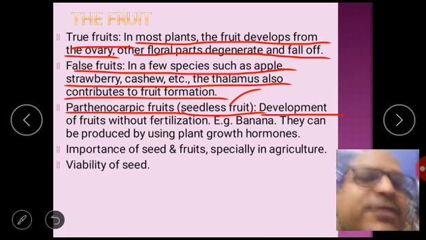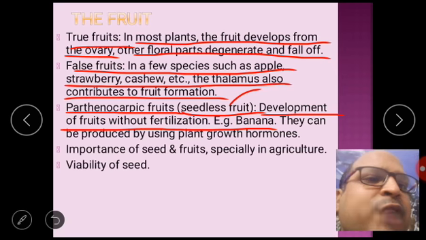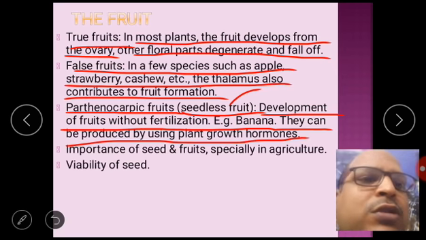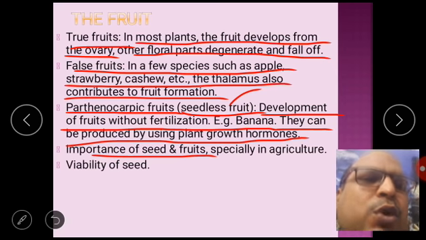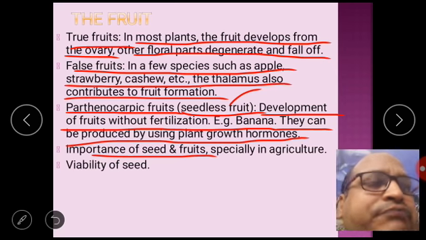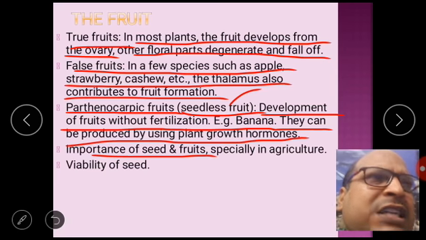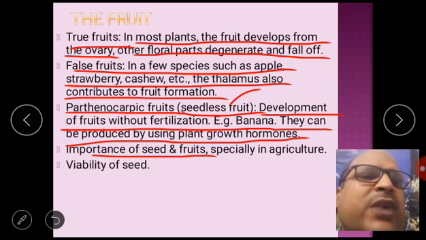Development of fruits without fertilization, for example, is banana. They can be produced by using plant growth hormones. Now, importance of seeds and fruits, this you all know, so I am not going into detail. But seeds and fruits are important for the dispersal process, number one. And second, for avoiding the time period which is not favorable to germinate.